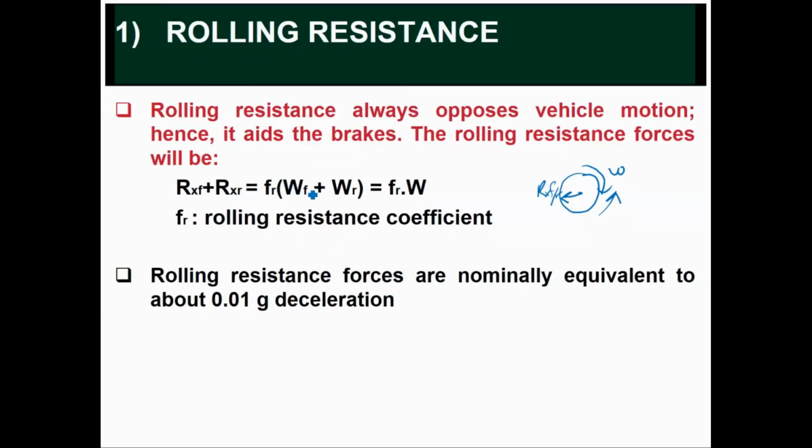Dan kurungan WF is the weight at the front axle plus weight at the rear axle. W is the total of the weight at the front and rear axle. Okay, normally the rolling resistance force is about 0.01 G deceleration. Meaning that berapa? 0.01 G. We can assume as berapa nilai dia? Macam mana?